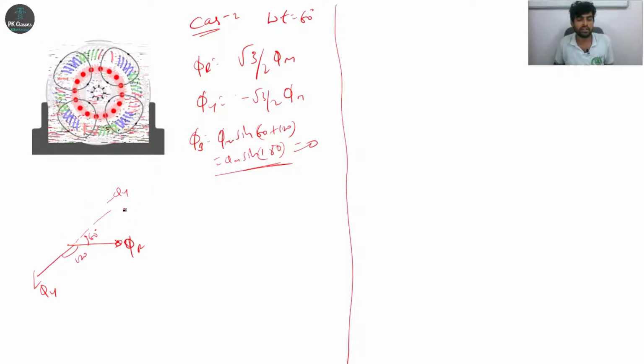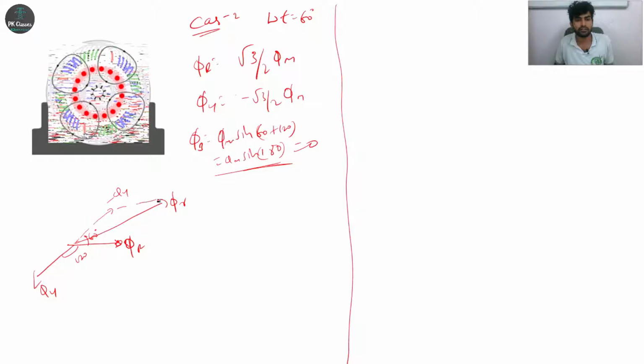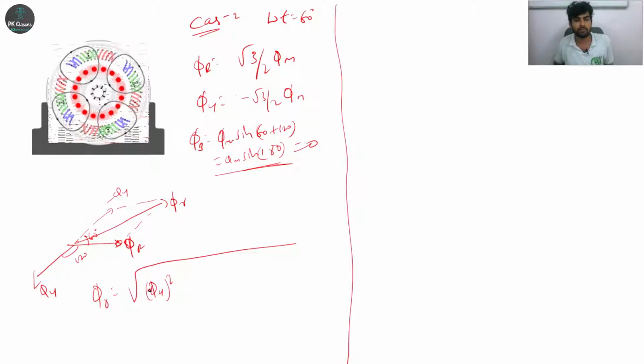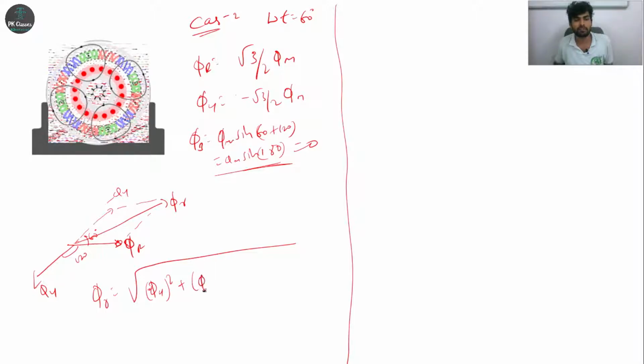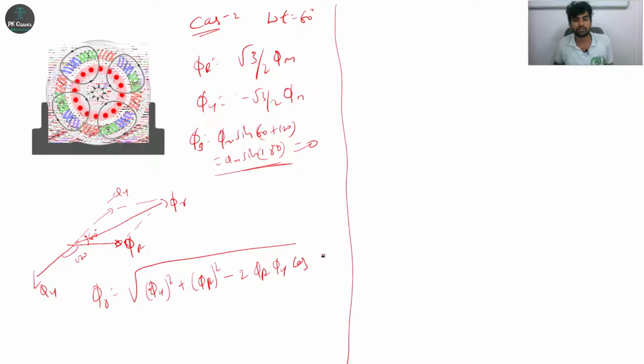See, if you want a resultant of this flux, just draw one straight line, that is phi R resultant line. Just you add here to here. So if you want phi resultant, apply cosine rule. Root of phi Y square plus phi R square minus 2 phi R phi Y cos 60.